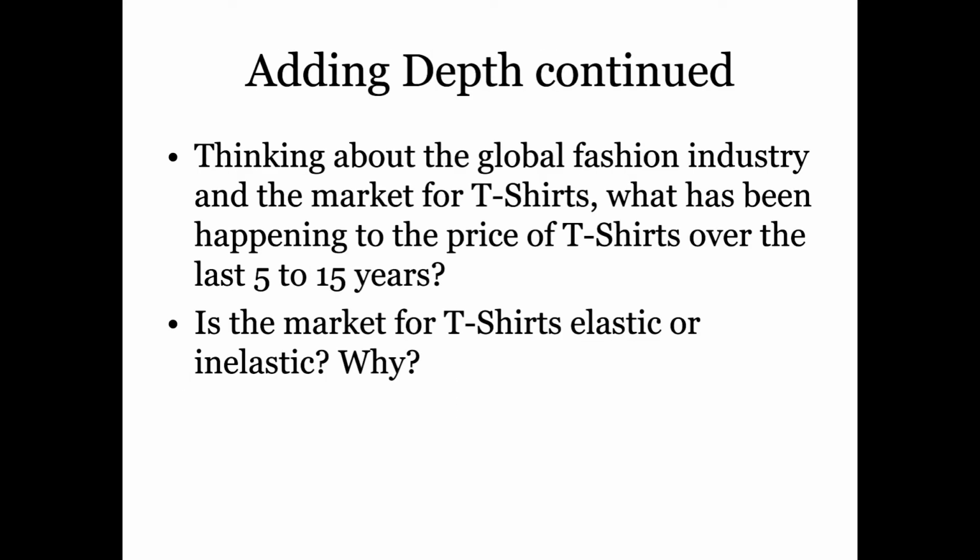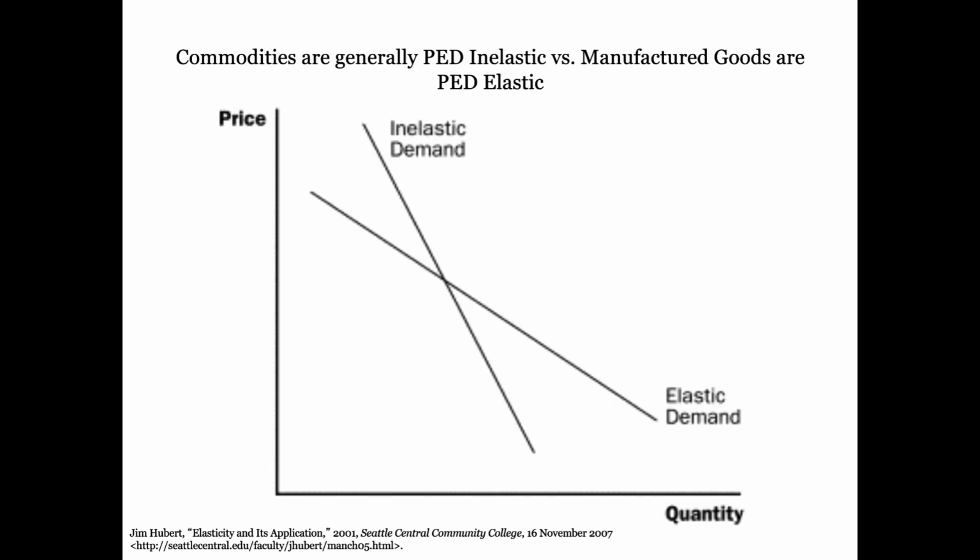Okay. So we also said that we'd briefly talk about goods that have inelastic demand versus elastic demand. And generally, when we think about commodities, raw materials like timber or wheat, these tend to be inelastic, meaning that if the price of wheat goes up, the quantity doesn't drop much.